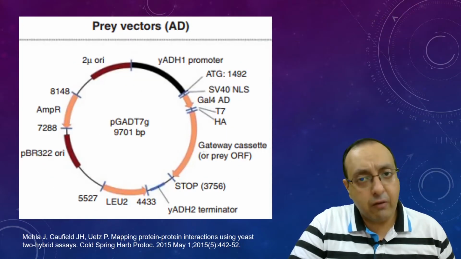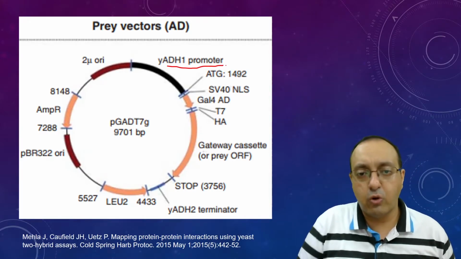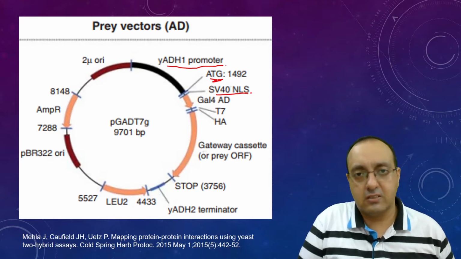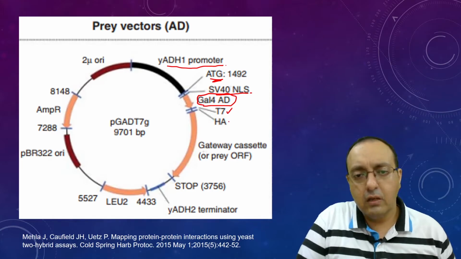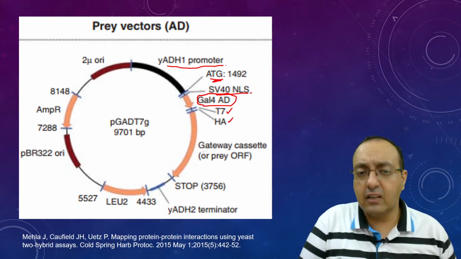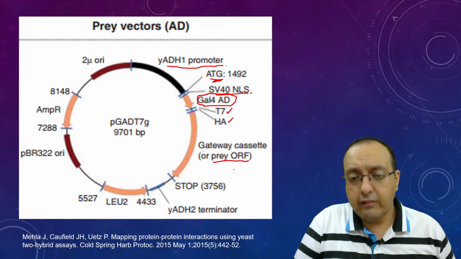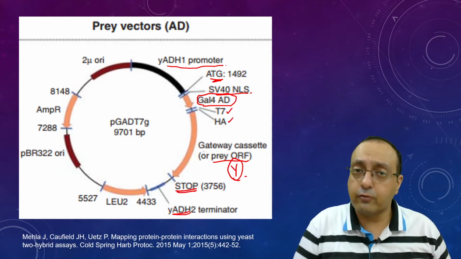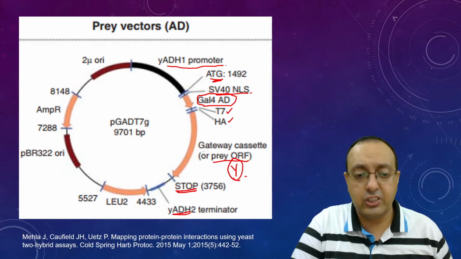Similarly, we have the prey vector. In the prey vector, we have again yeast ADH promoter, SV40 nuclear localization signal, ATG is just the start codon, Gal4 activation domain, T7 and HA tags, these are important for protein purification later on. We have the prey ORF, so this is the Y protein, stop codon, terminator from yeast alcohol dehydrogenase 2 gene, another related gene.